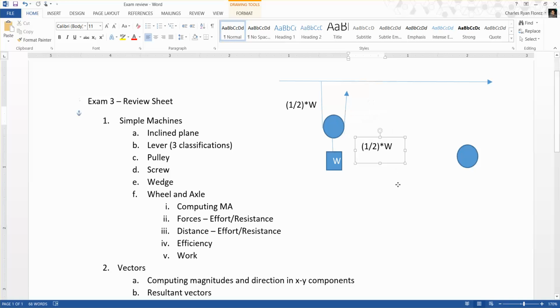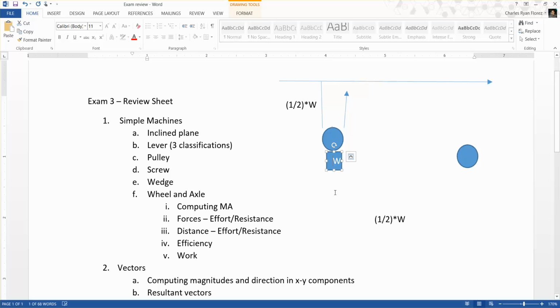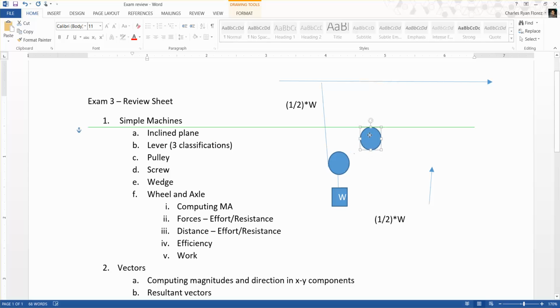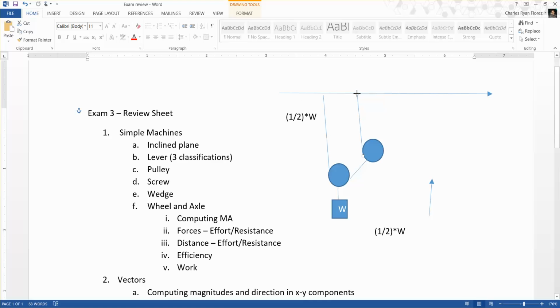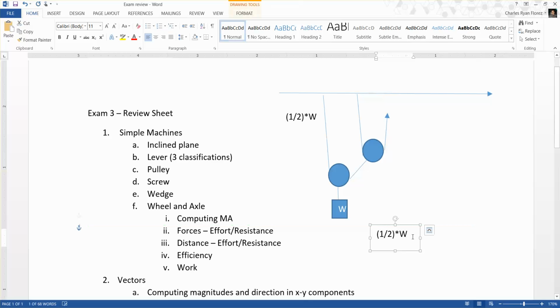Now we did talk about the ideal system using 3 pulleys, and if you remember, it involved having another pulley here, having this string tied to the center here.